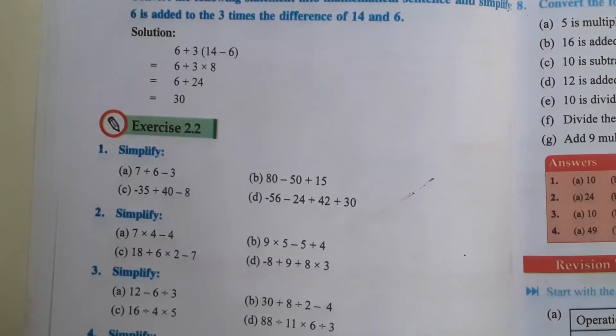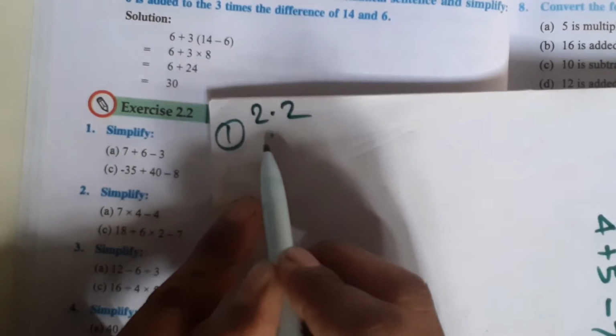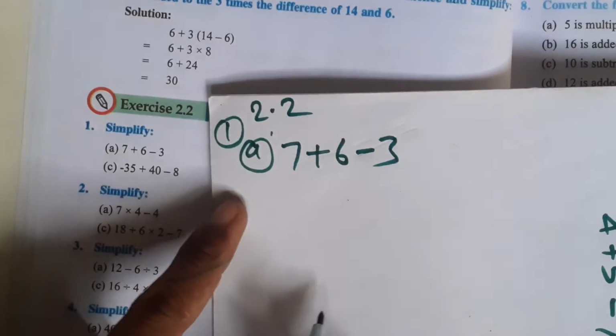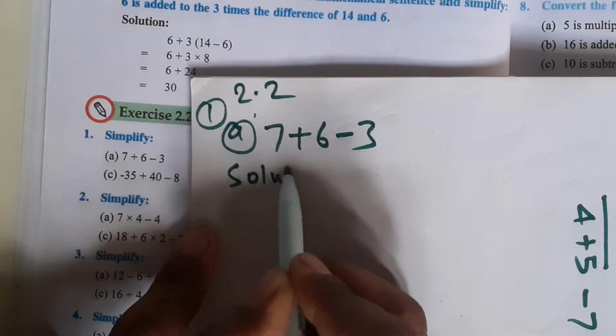Now number one. Exercise 2.2 number 1, A: 7 plus 6 minus 3. To solve this question, at first you have to write Solution.